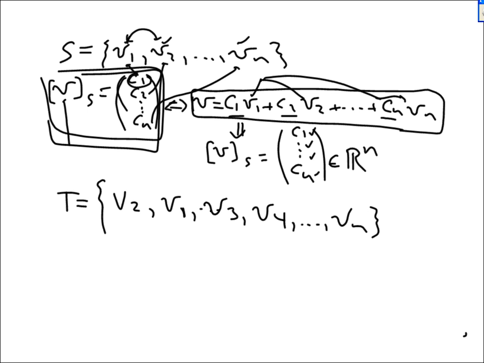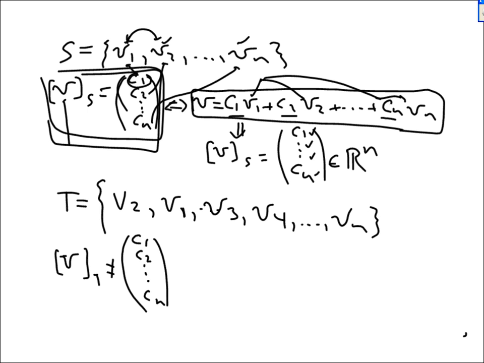Well then, the coordinate vector for v with respect to basis T will not be the c1, c2 that we had above.